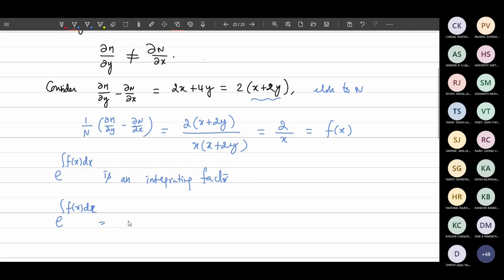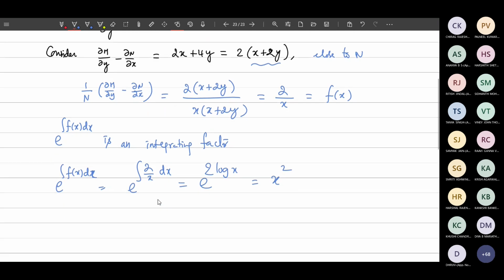So this you compute: e to the power of integral fx, here 2 by x dx, is e power 2 log x, or 2 log x, that is just x square, because e power log x square, that is just x square.